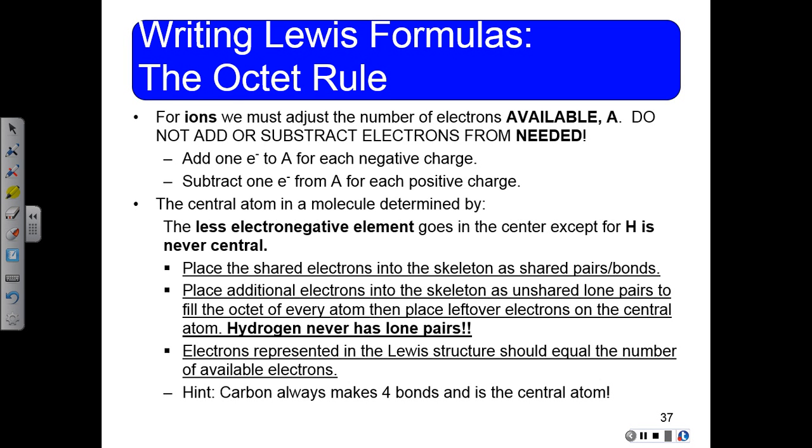We take 12 minus 8. So that's 4 shared electrons. If 4 are shared, how many bonds is that? 2, because there's 2 electrons in every bond. A lot of times I like just looking at B. So I take 4, divide it by 2, and I get 2 bonds.